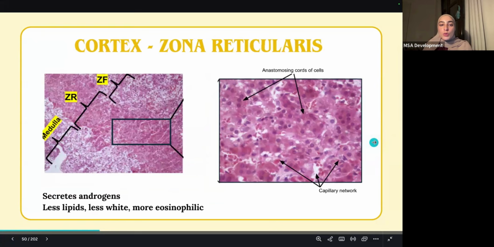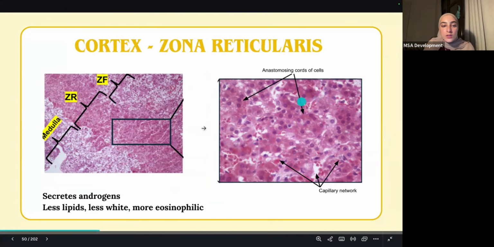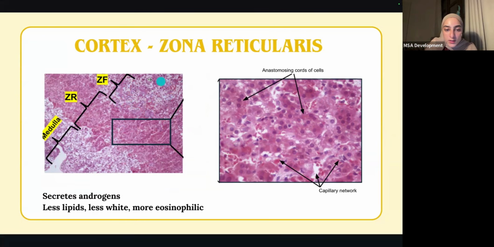For the third part, the reticularis, which secretes the androgens, it has less lipids, you don't really see a lot of white, and it's more eosinophilic. Look how white this is, and look how red this is compared to it. It's just more red, more purple, and doesn't have a lot of white aspects.